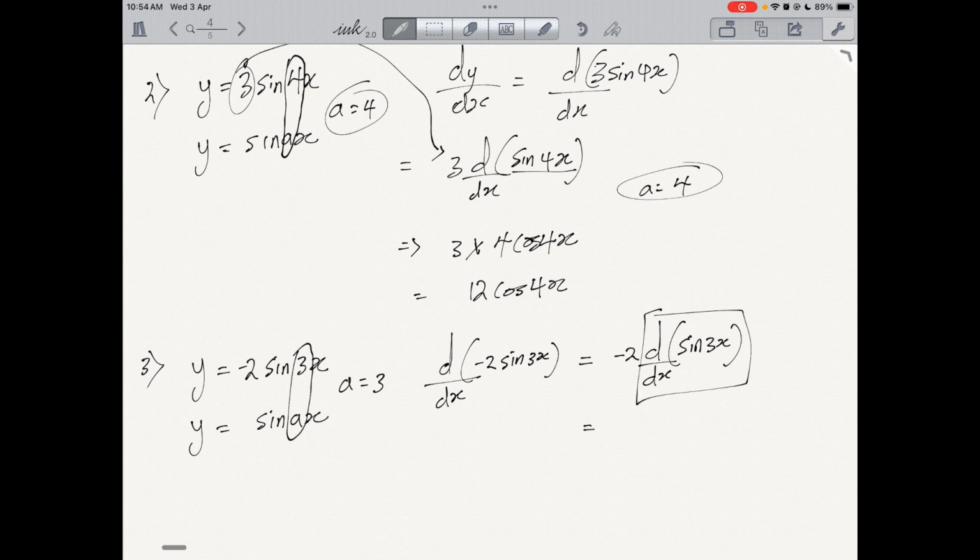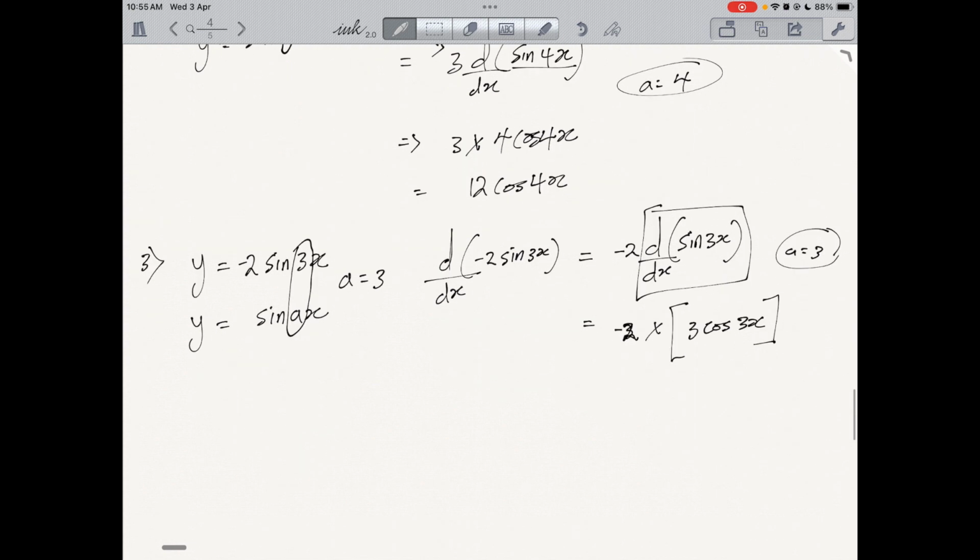Now if you evaluate d/dx of sine 3x, because our a is equals to 3, it will give us 3 cos 3x, because of the principle that when we differentiate sine ax, it gives us a cos ax, and a in this case is equals to 3. So when we multiply by minus 2, we have minus 6 cos 3x.